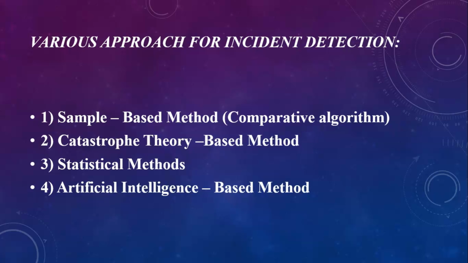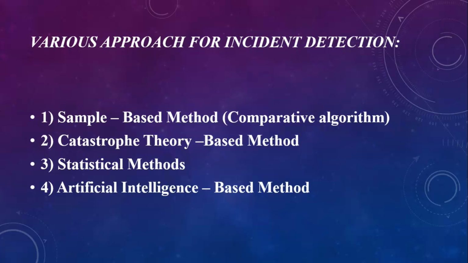That is, traffic flow can be modeled using equations that represent the interactions between traffic variables. Incidents are identified when certain thresholds of traffic density, speed, or traffic rate, which I explained earlier under the sample-based method, are breached, indicating a potential catastrophic change in traffic behavior.